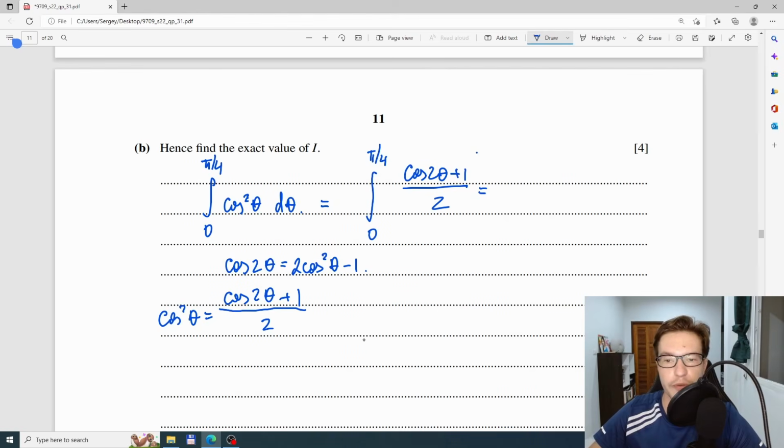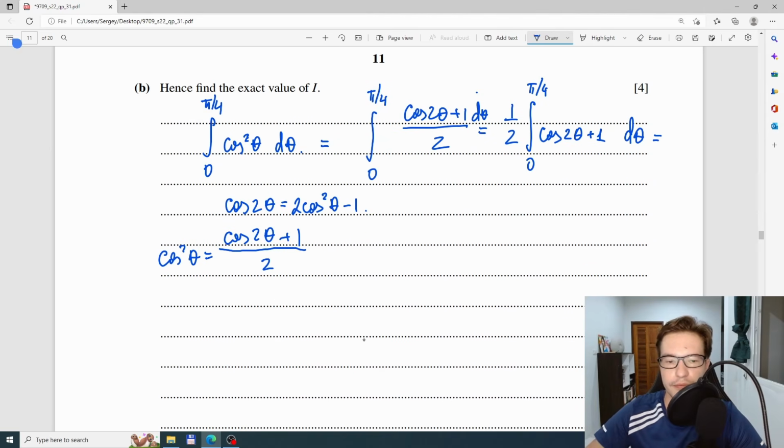Now let's take 1 over 2 out of the integral, so we get 1 over 2, integral from 0 to pi over 4, I forgot d theta, cosine 2 theta plus 1 d theta. Now let's integrate this.